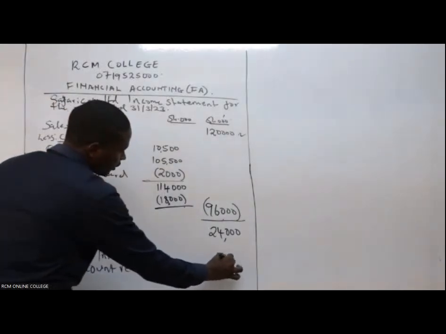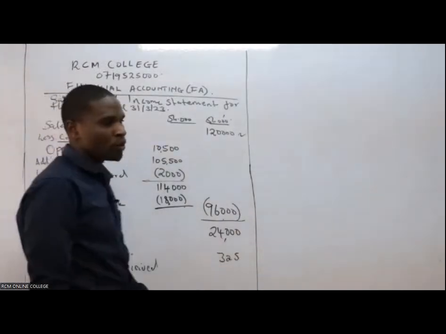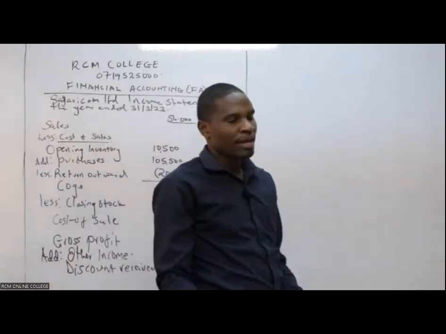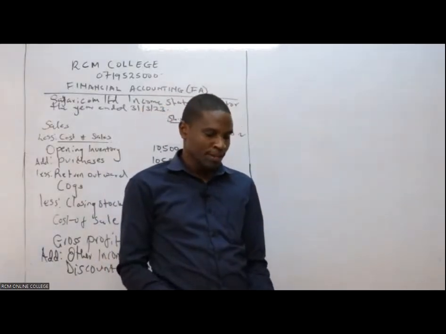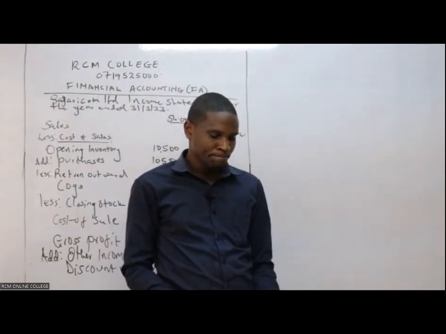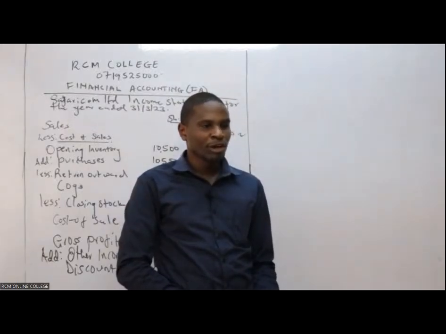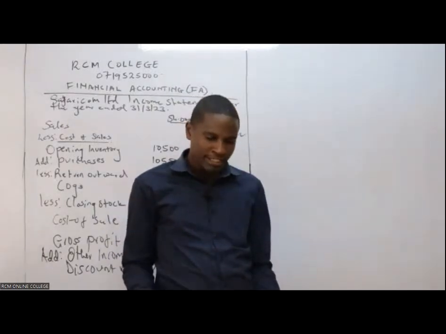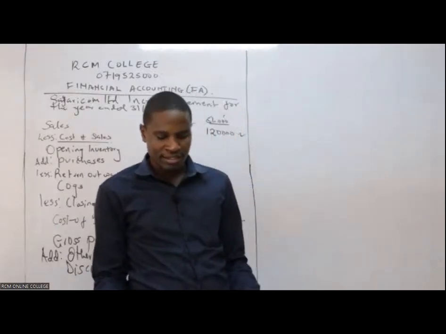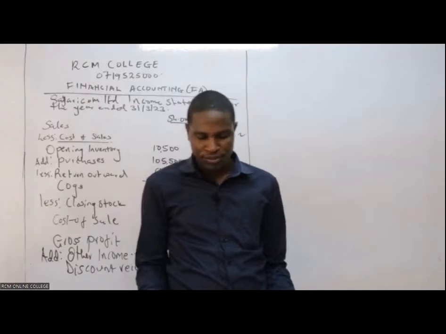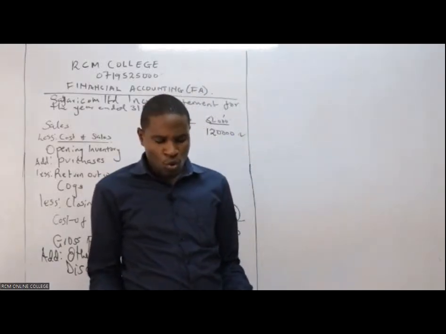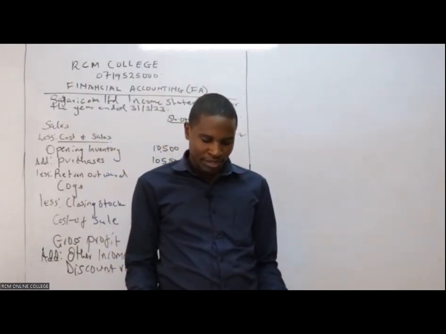It is 325. Then you check whether there is any other information that might give you either another income. If I look at additional information number 2, it is telling me that as at 31st March 2023, the account receivable balance included 50,000 due from a customer who has been declared bankrupt.